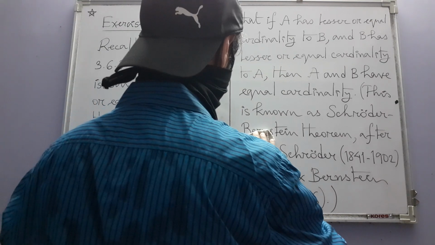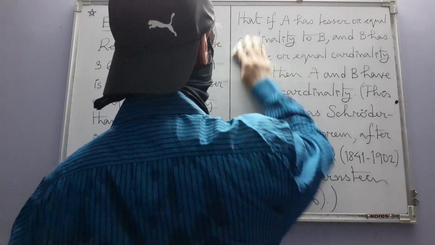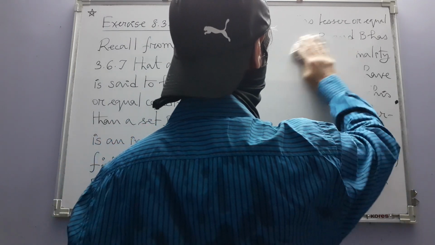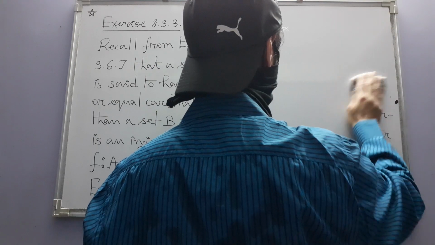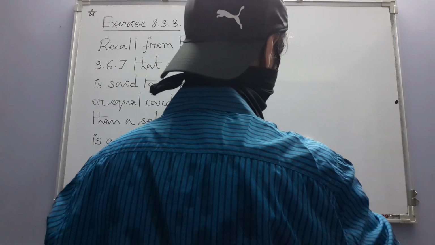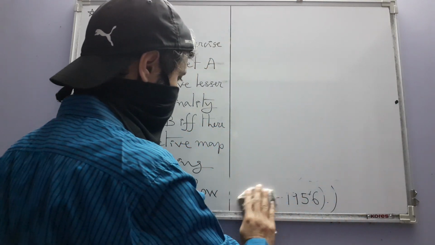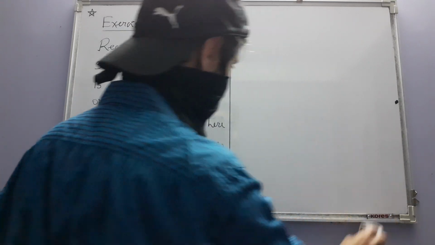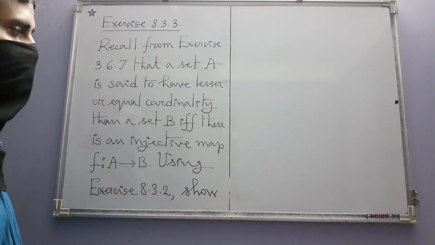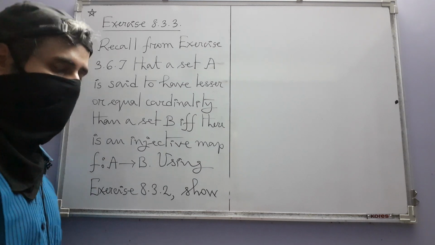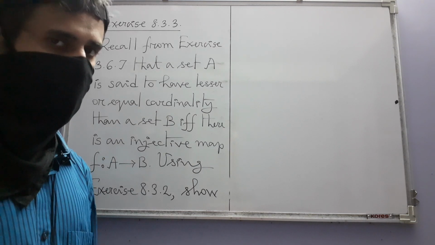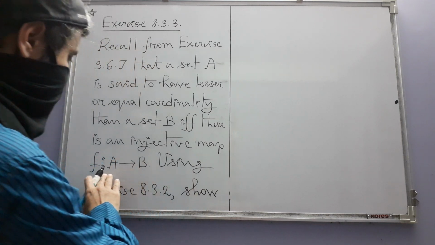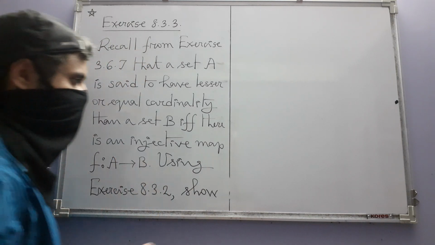That is because A and B are arbitrary sets, so they can be infinite, and hence the number of elements in them may lose sense. It may be meaningless. So that's why we are defining things in terms of functions.